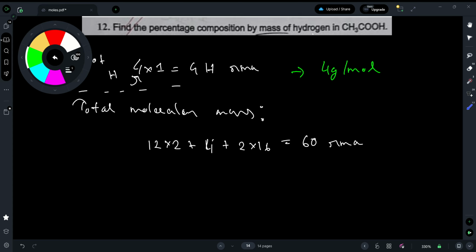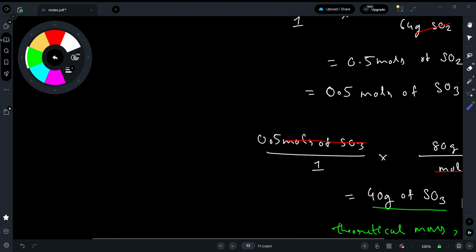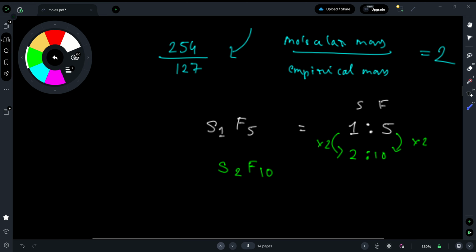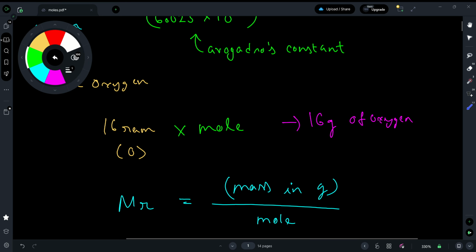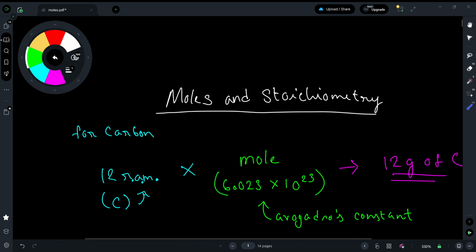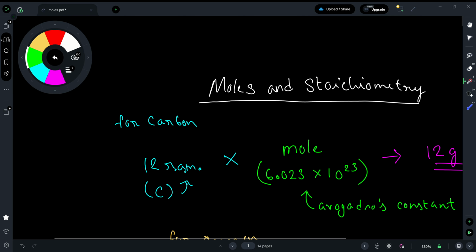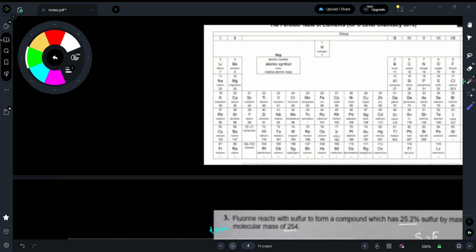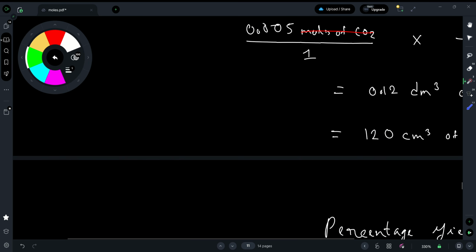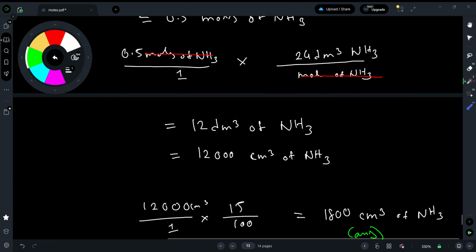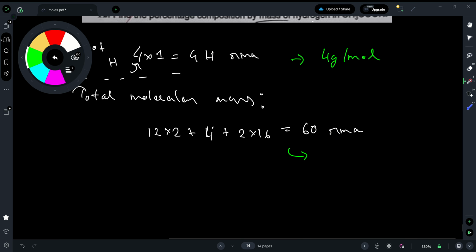And for this, we input 60 relative atomic mass units. So 60 into mole is going to give you 60 grams per mole.